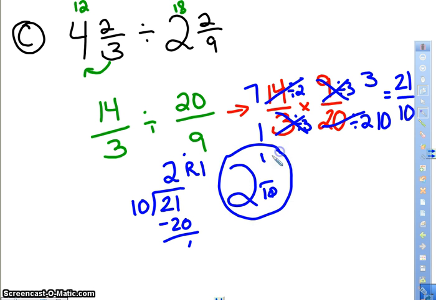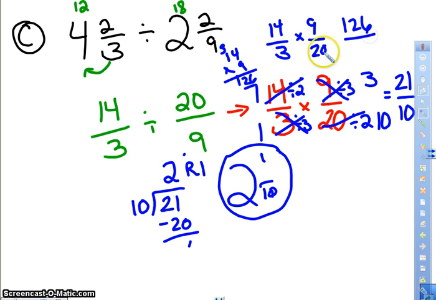2 and 1 tenth. Now, if you didn't cross reduce, you would have a much larger set of numbers to work with. So 14 times 9 is going to give me 126. 3 times 20 is 60. Okay.